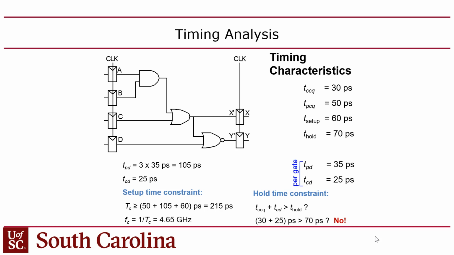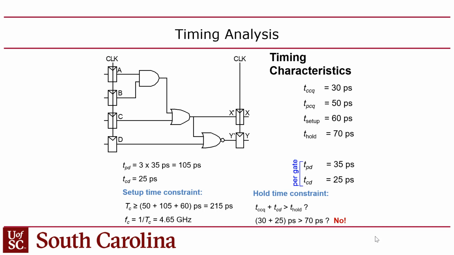So 50 plus 105 plus 60 is 215. That is the smallest clock period I can have. That's my limit for my clock speed, so that's 4.65 gigahertz.